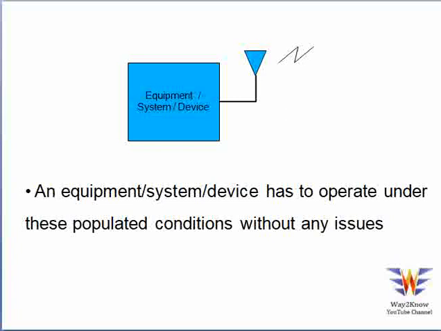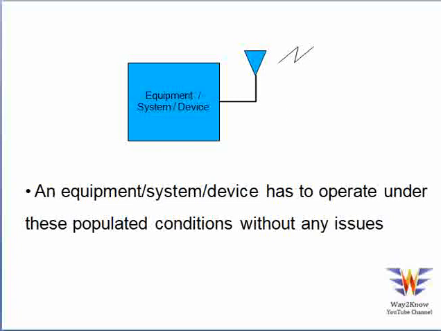So it is becoming a highly populated environment where interoperability is becoming a very big challenge. So ultimately, the role of electronics engineers does not just depend on designing a system, it also has to design a system such that it should work in these populated conditions.